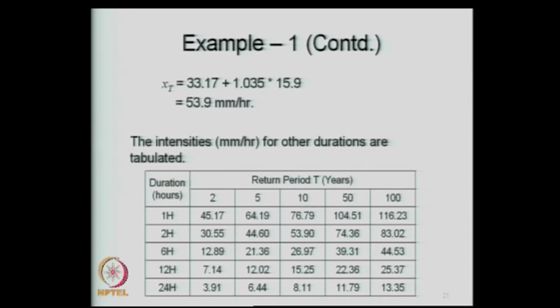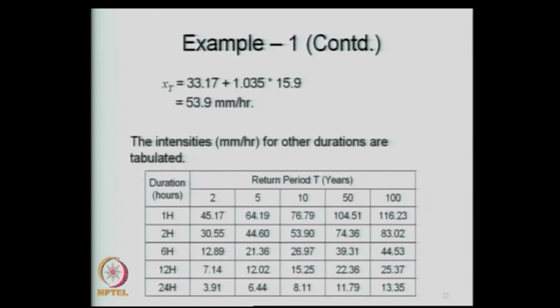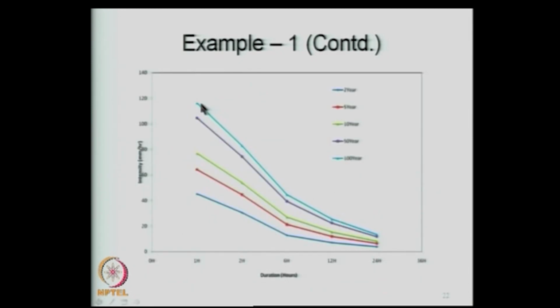Now, the IDF relationships are shown by curves like this. So, we use this data and then draw curves associated with each of the return periods. Each of these lines corresponds to a particular return period. Let us say this is a 2-year return period, this is a 5-year return period, 10-year return period and so on, 50-year and 100 years.